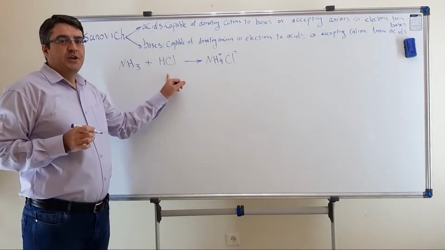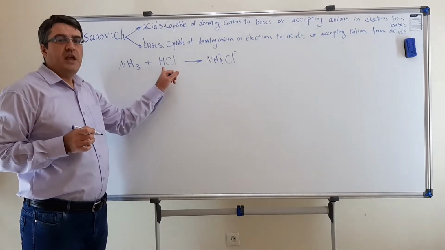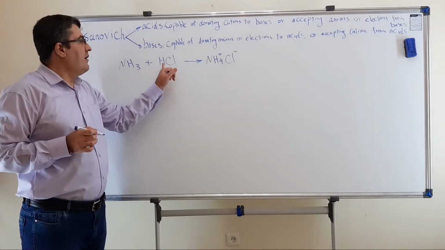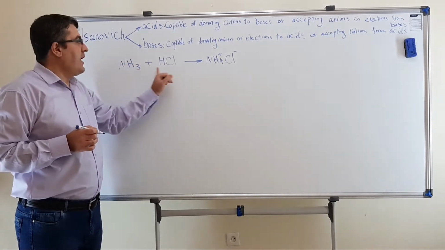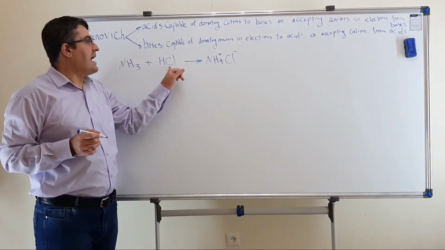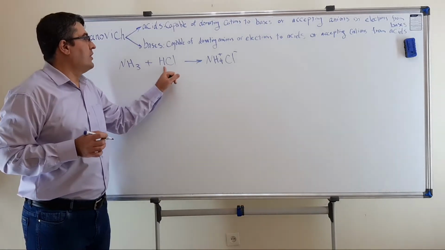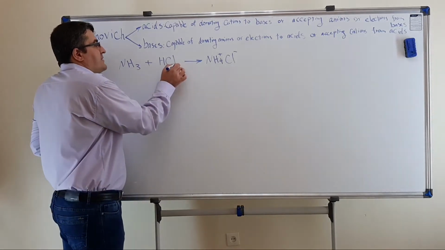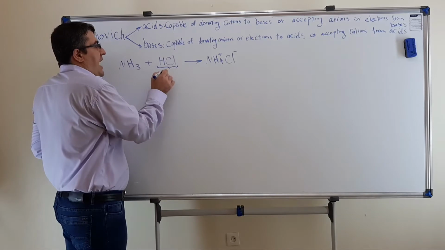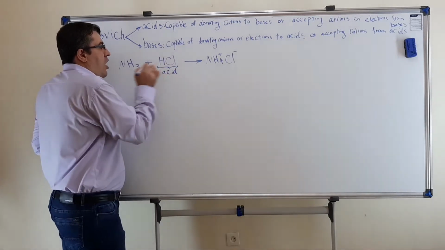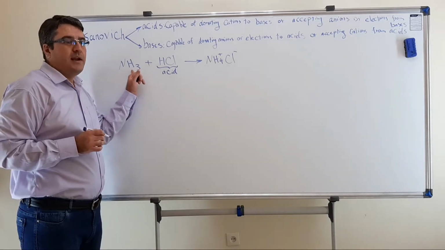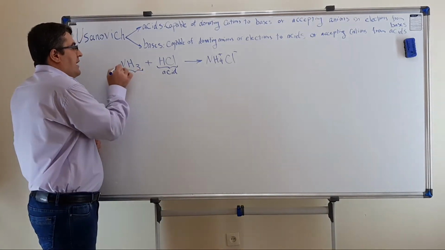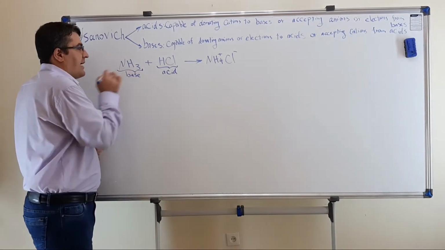In this reaction, we have transfer of H plus, a cation, from HCl to NH3. HCl, acting as a cation donor, can be considered as a Usanovich acid, while NH3, acting as a cation acceptor, can be considered as a Usanovich base in this reaction.